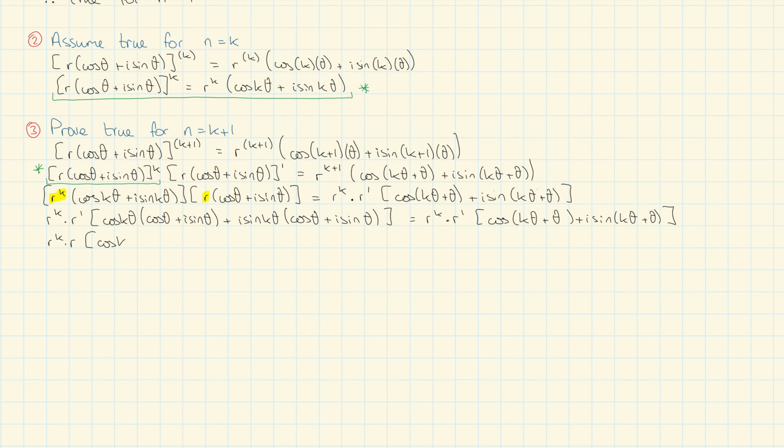So we get cos k theta plus cos k theta i sine theta, and same again here, so we have i sine k theta cos theta and i squared sine k theta sine theta. It's all going to equal your right hand side.